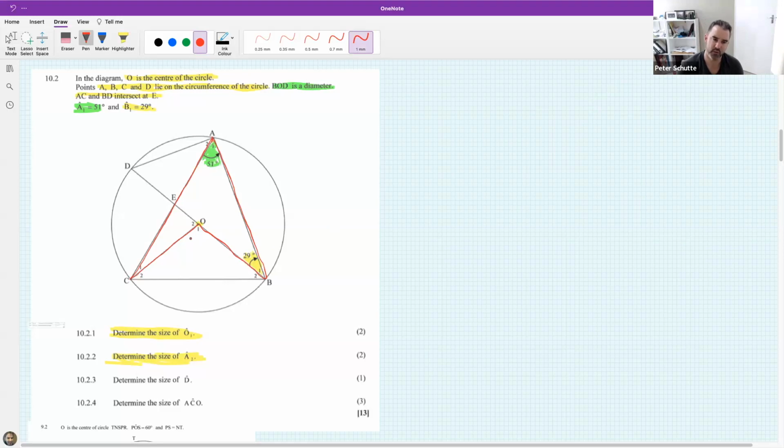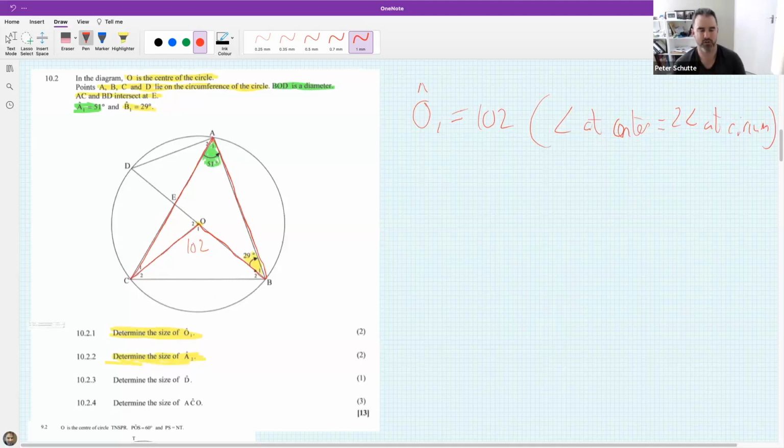I think this angle at the center, subtended by the chord BC, must be 102. And so we say that O1 is 102, and that is going to be angle at center is twice angle at circumference.